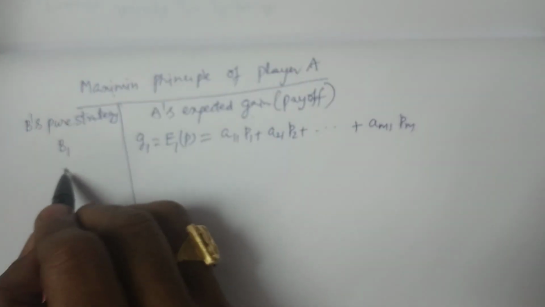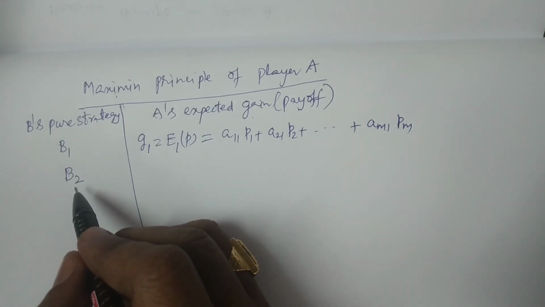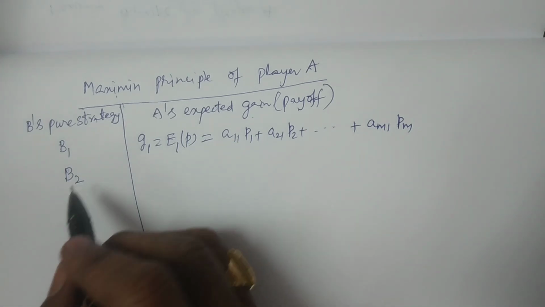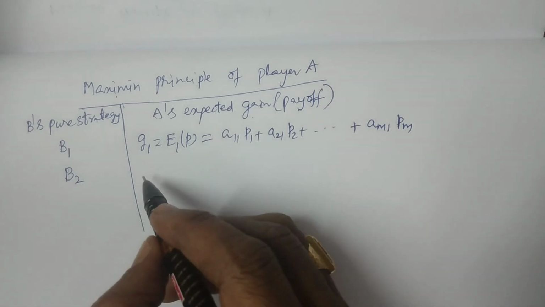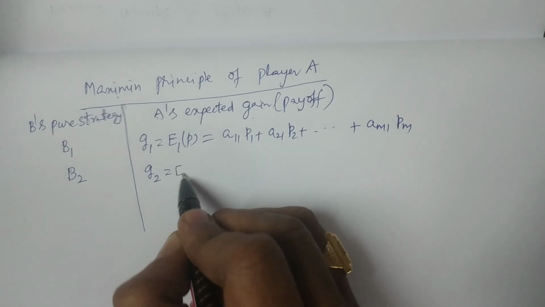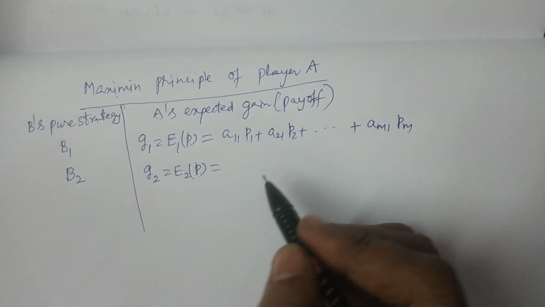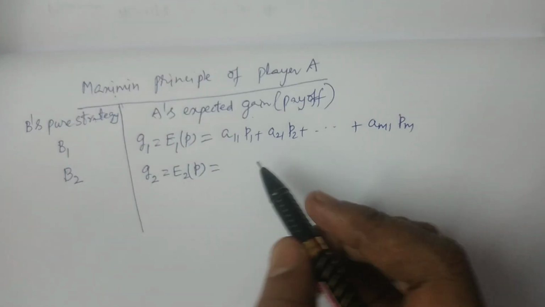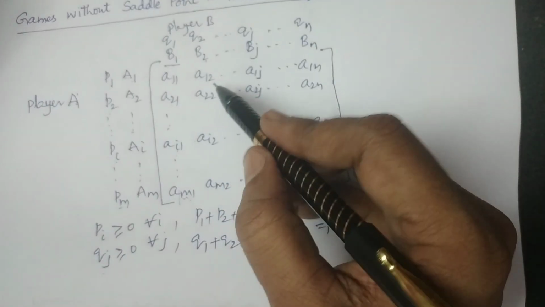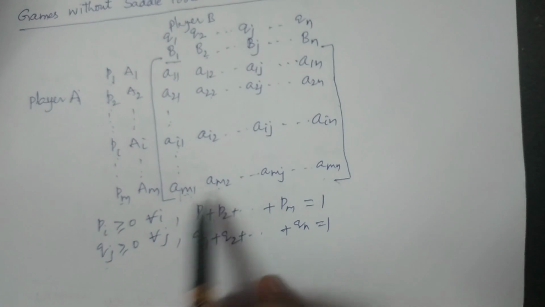Similarly, for example, if player B's pure strategy is B2, that is, player B starts the game with the strategy B2, then the expected gain for player A is represented by G2 or E2P, from the second strategy of player B. The expected gain is A12 into P1 plus A22 into P2 and so on, AM2 into PM.